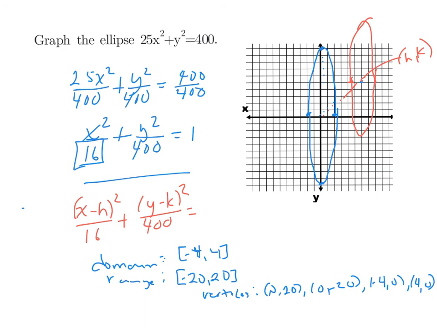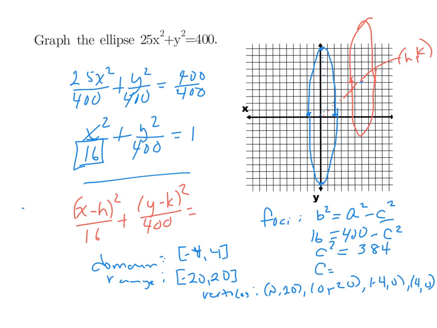And remember that we learned on the previous slide that we have the relationship that b squared is equal to a squared minus c squared, and the c is the focus. In this case, our b squared is associated with the x-axis, so that's going to be 16. And then our major, our a squared, is 400. And so we get c squared is equal to 384.